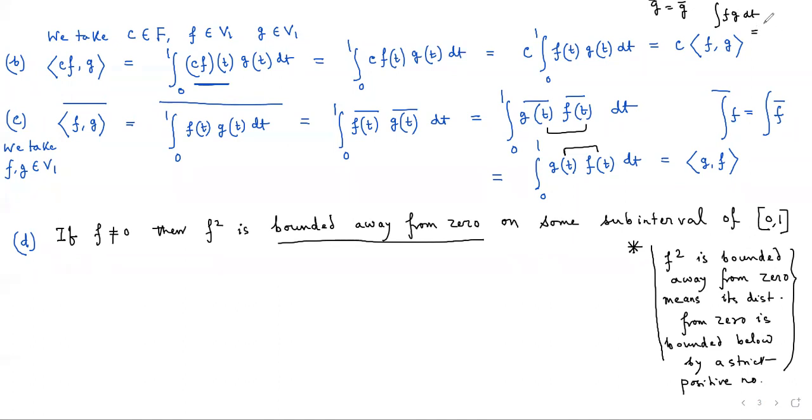the integration of fg dt is the same as the integration of gf dt. If you consider any discontinuous function and try to integrate it, you know a discontinuous function cannot be integrated easily. We use Riemann integration for integrating a continuous function, and for discontinuous functions we actually use the Lebesgue integral. Lebesgue integration is not in your syllabus, and Riemann integration is also not in your syllabus in general.